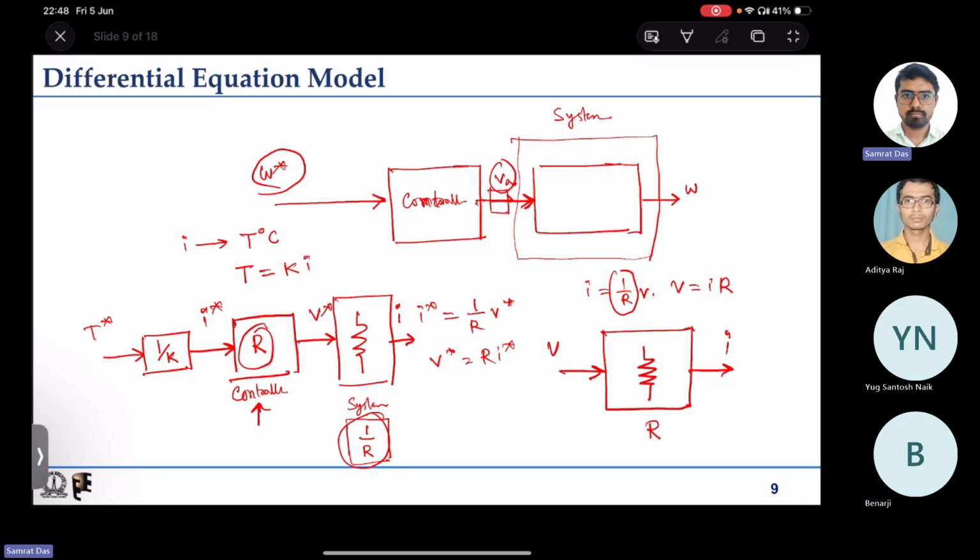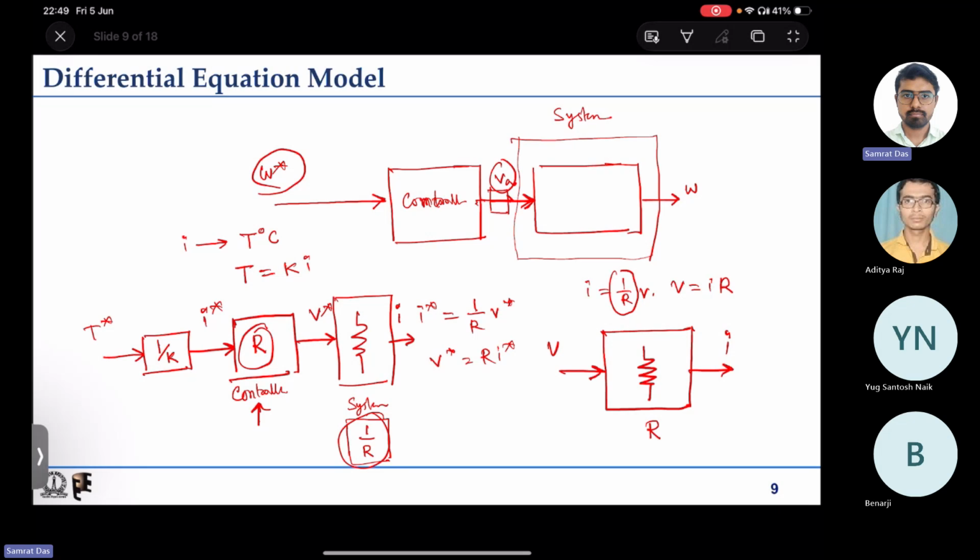Suppose you have a resistance of 10 ohm, you want to pass 10 ampere through that, right? So you need to have a voltage source that is capable of giving 100 volt to it. If you have a voltage source that can only give 90 volt, no matter what controller you use, you cannot make 10 ampere flow through your resistance.